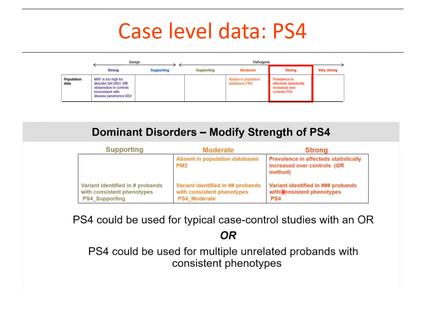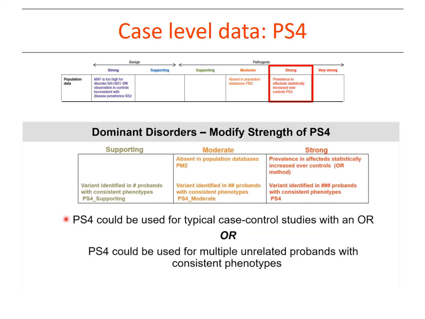So for example, if you identified it in many probands with a consistent phenotype, you could use it with strong. If you identified it in some patients, you can reduce it to moderate. And if you identified it only in few, then it's supporting. And the exact numbers here should be given by the expert panels for the disease. I will show you an example in the next slide.